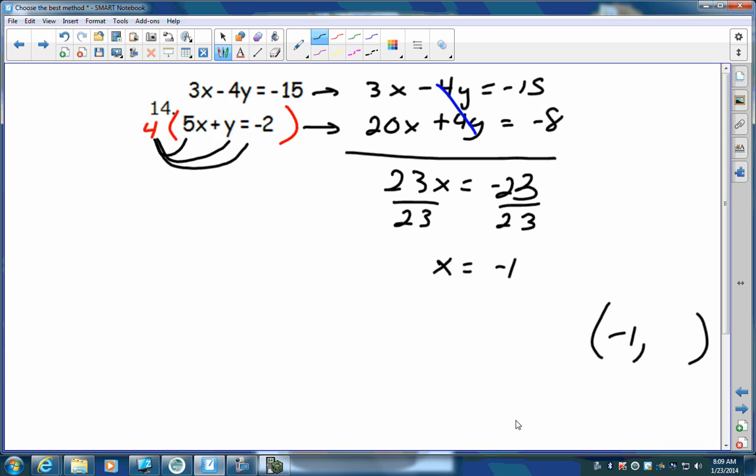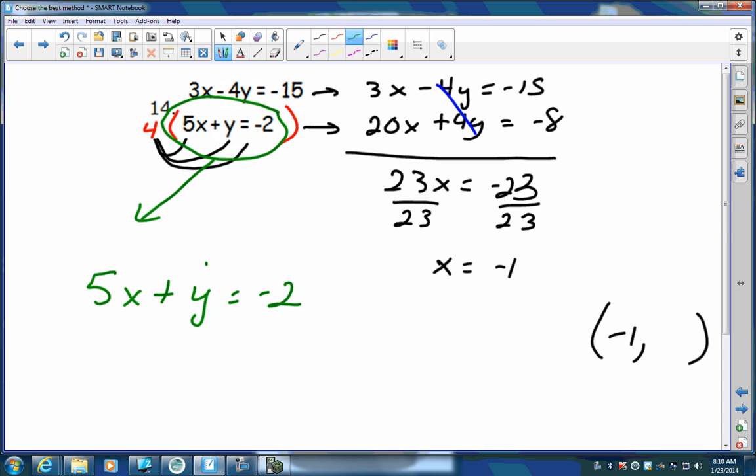I need to find y. I'm going to choose this bottom one. You want to go to the original, guys. It really doesn't matter if it's one you changed, but it's better and easier to go to the original. I know that y is negative 1, so you're putting that in here for y.